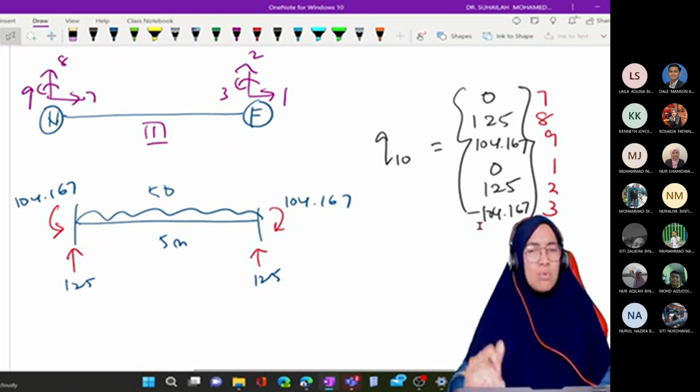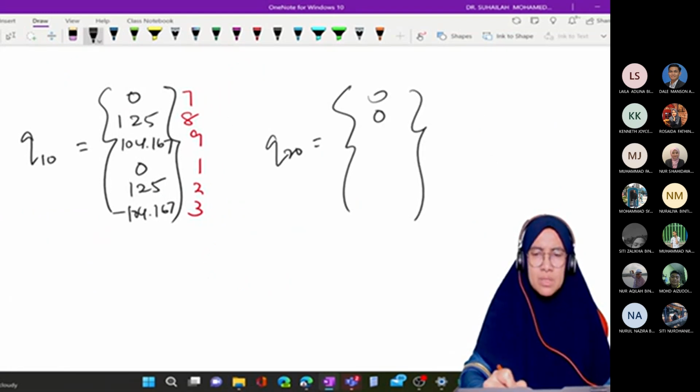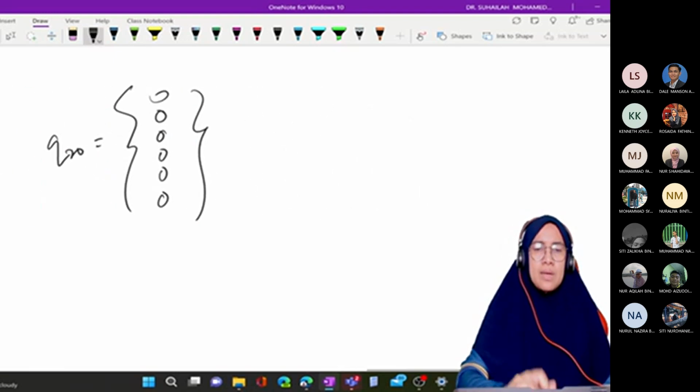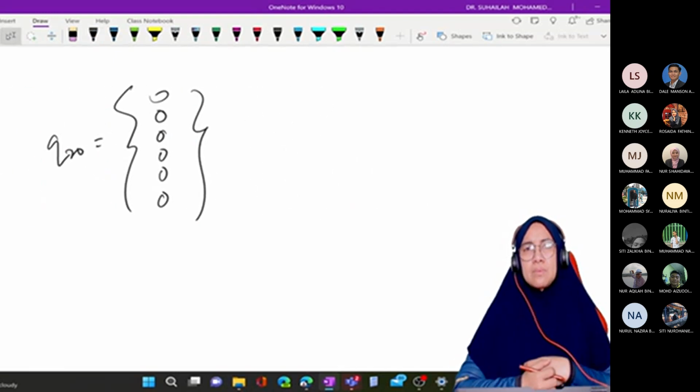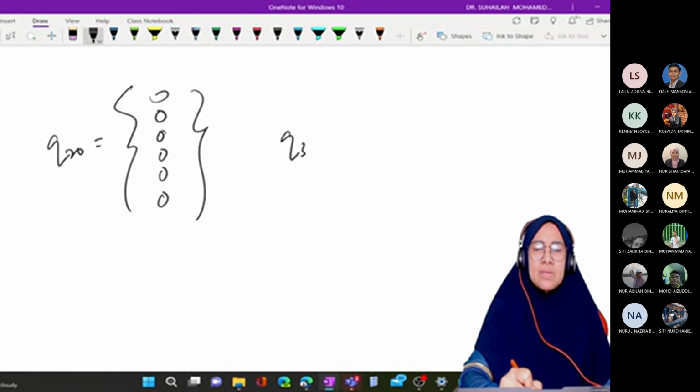So this is Q1 naught. Then we have Q2 naught, which has all values 0 because there is no loading on or along the member. Q2 naught has the DOF label the same as K2, and Q3 naught is also 0.